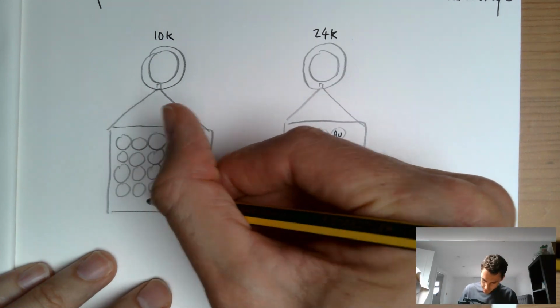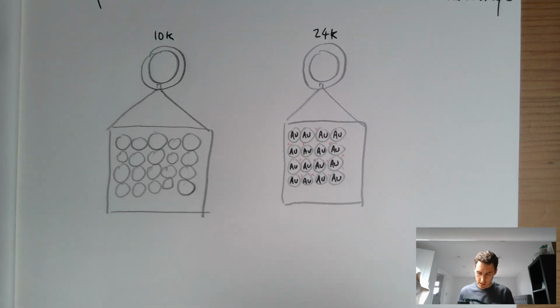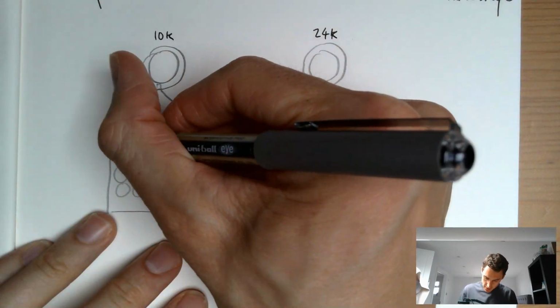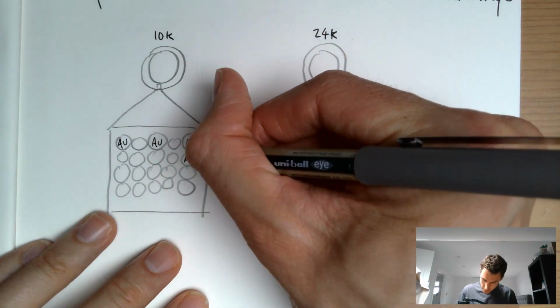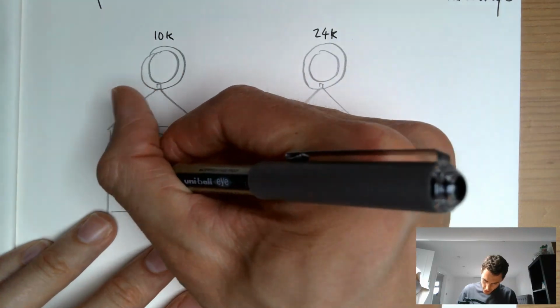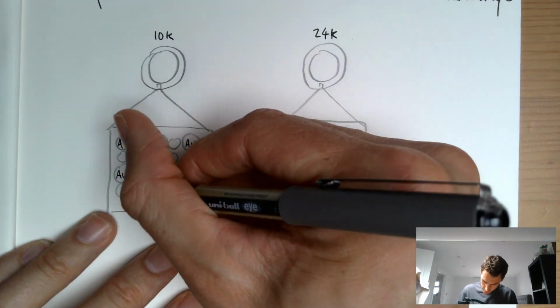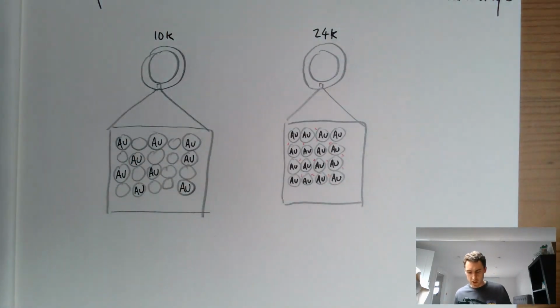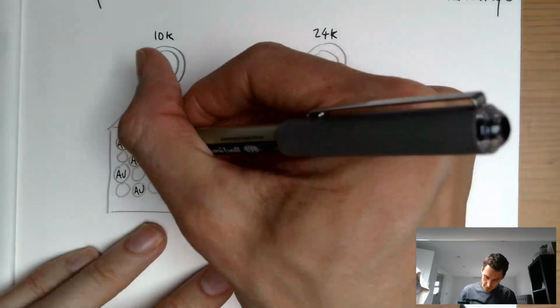So the point is, if I've got a certain number of atoms here, about 40% of them are going to be gold, like this, but not all of them. So all the rest are made of different metals, so you might have some silver ones here.